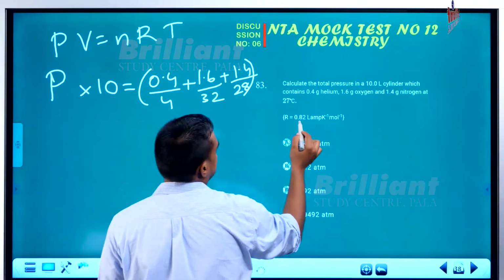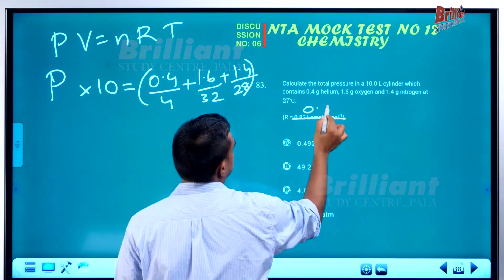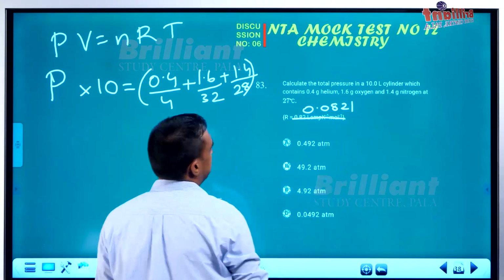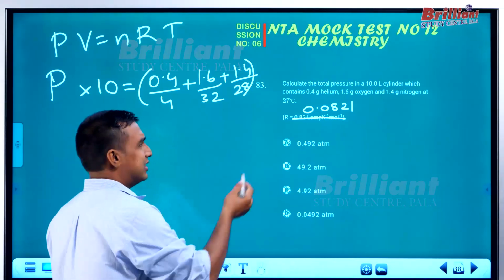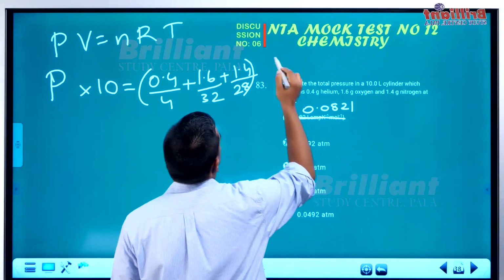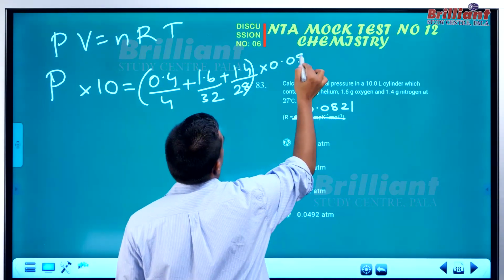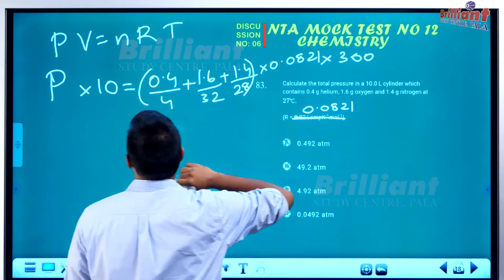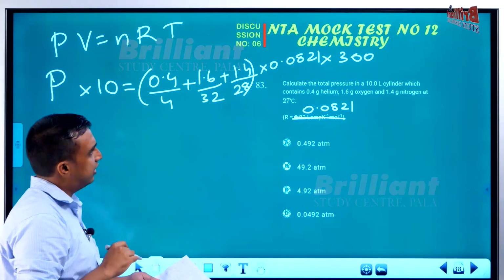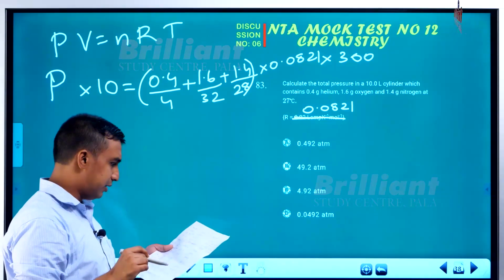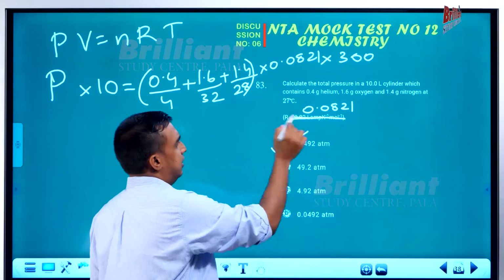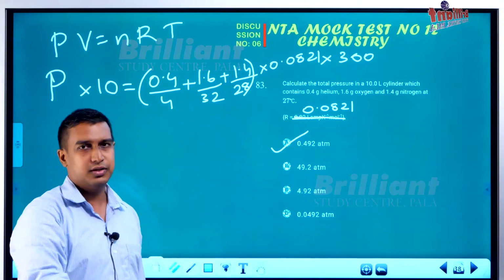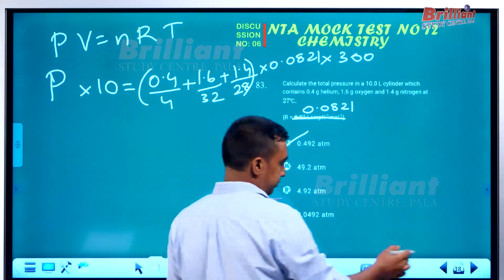For R, what they have taken is wrong. It has to be 0.0821 liter atmosphere per Kelvin per mole. But we know the idea, even if they gave it wrongly. 0.0821 into temperature, 300 Kelvin. If you solve this, you will get the pressure, and for question number 83 you will get the answer as 0.492 atmosphere. Coming to the next question.